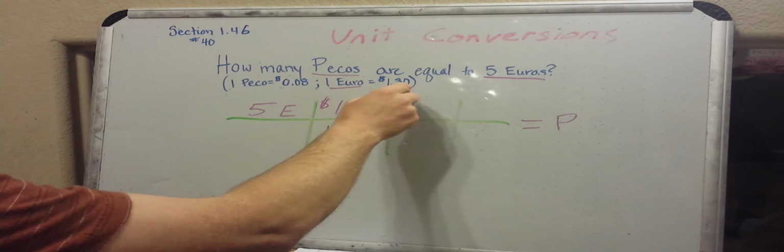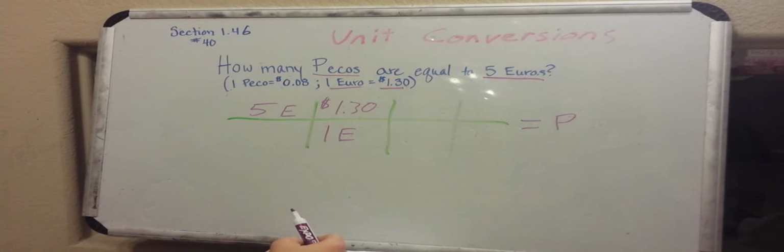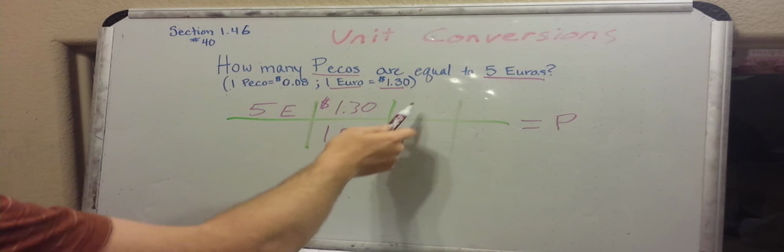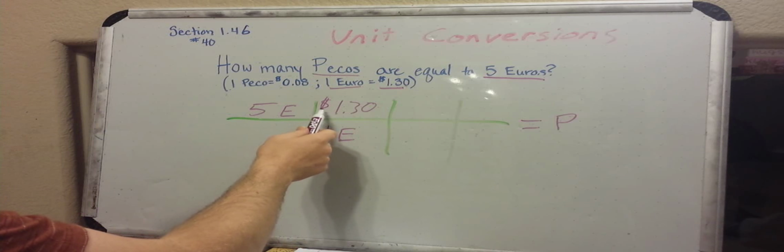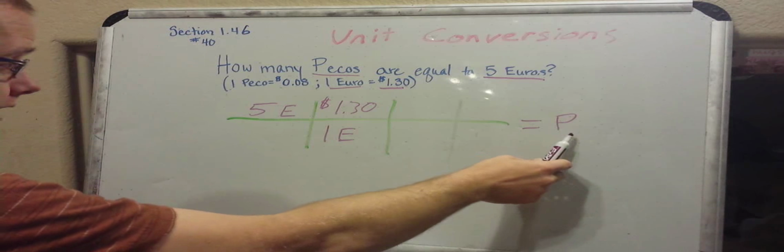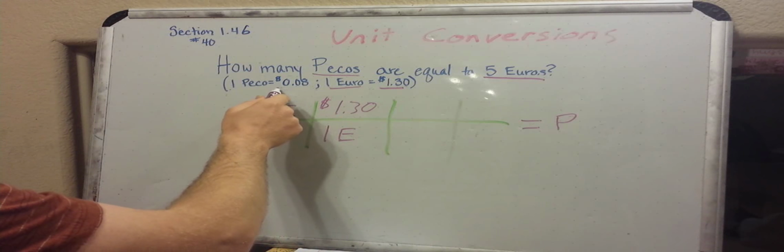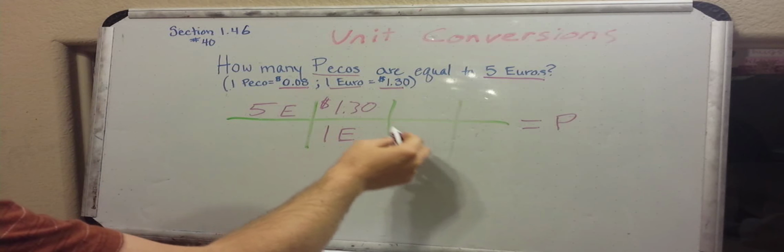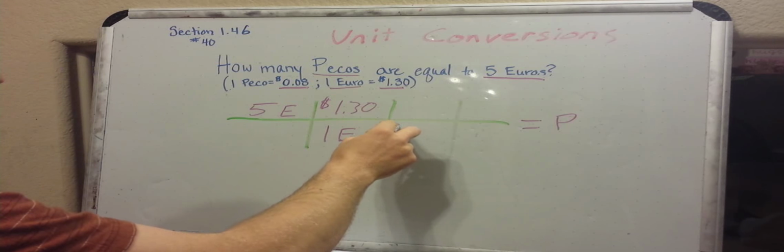Now we can go back to our other knowns. 1 peso, I still don't know if it goes on the top or the bottom, but I do know we want to get rid of dollars because we want to find out what pesos are. So look at the dollars. 8 cents. So we want to put 8 cents on the bottom.